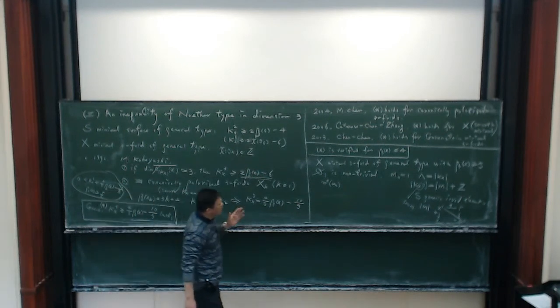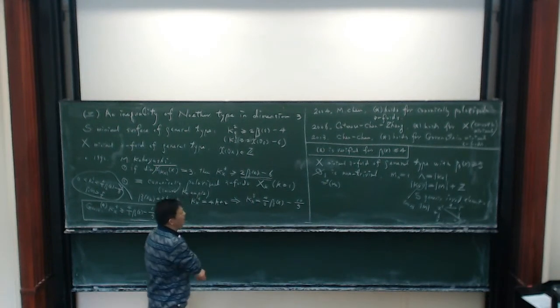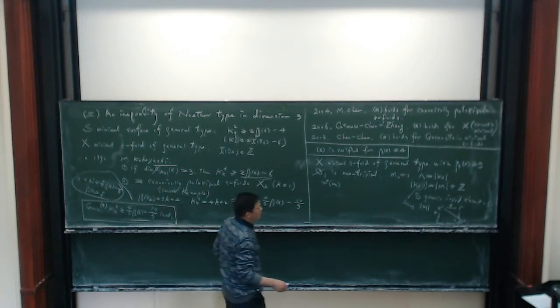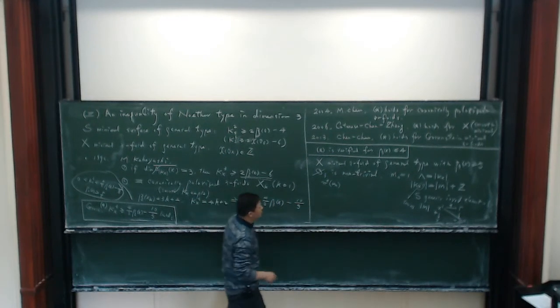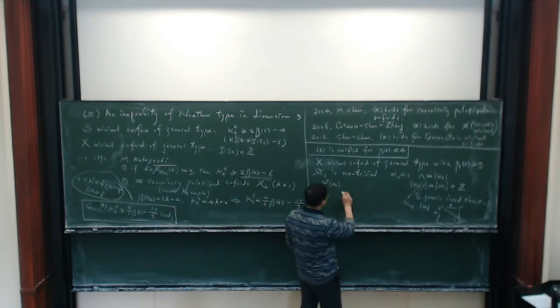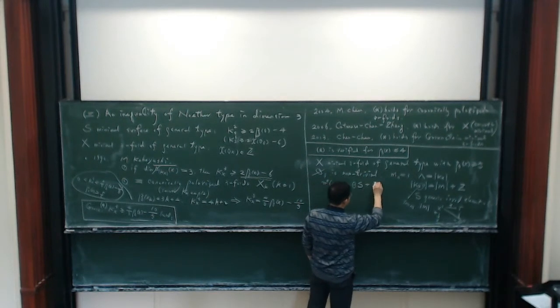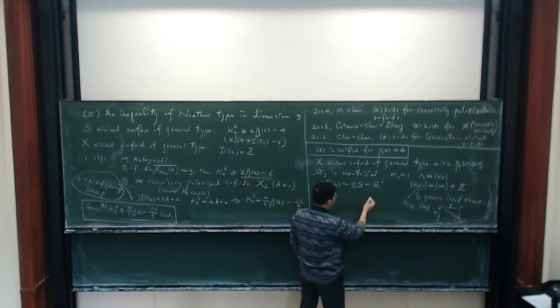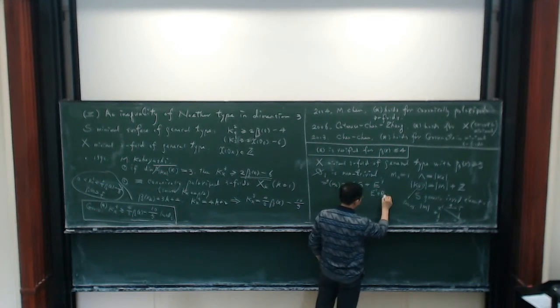So I only care about the fiber case. That is, the dimension of gamma is either 1 or 2. Recall that pi up star kx is something like theta s plus e prime, where e prime is an effective Q divisor.